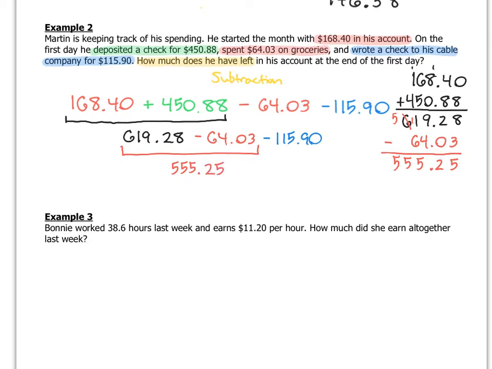And then from that, we'll do the last step, which is subtracting 115.90. So again, I'll do one more subtraction, lining up those decimal points.